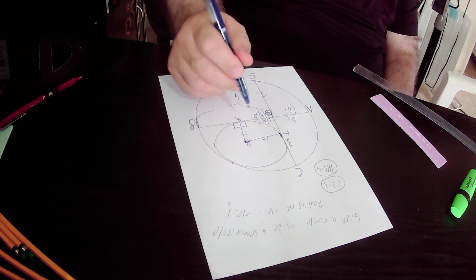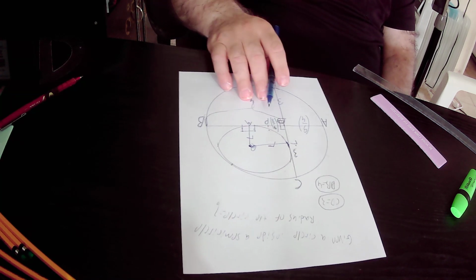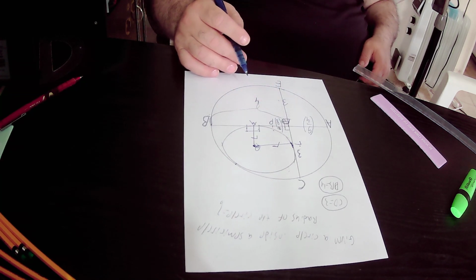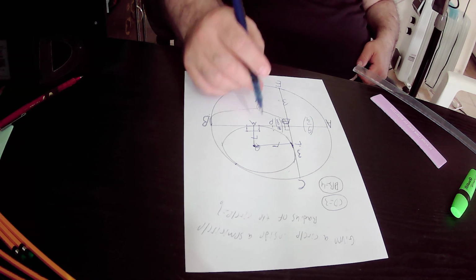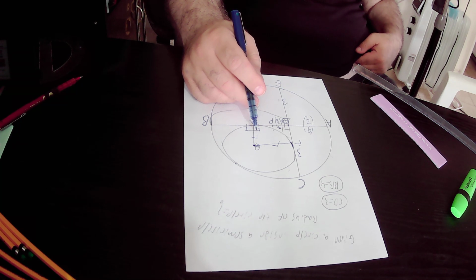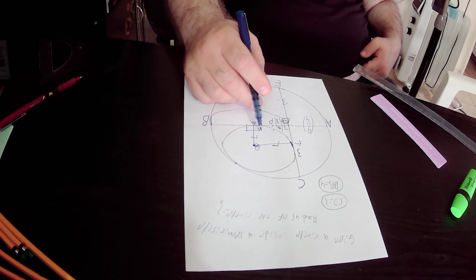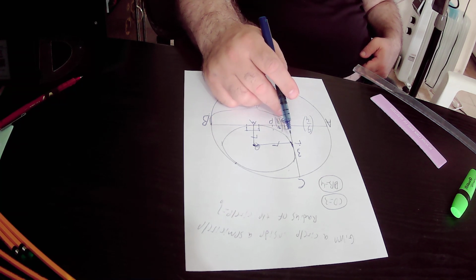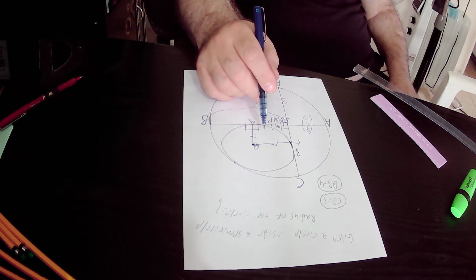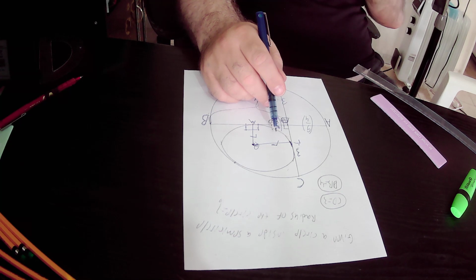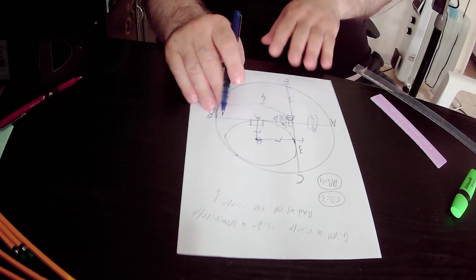Why is QL the radius of the small circle? Because line segment QL starts from point Q, the center of the small circle, and ends at point L, a point on the small circle itself. And this is exactly the definition of a radius. That is to say, QL is the radius of the small circle, equal to small r.